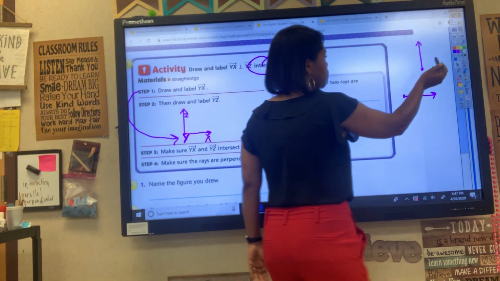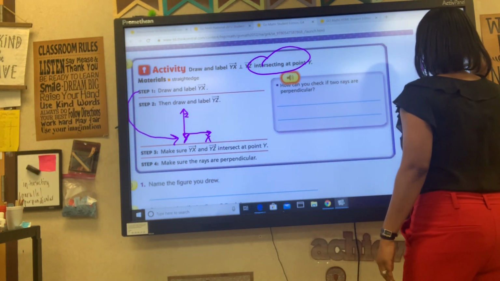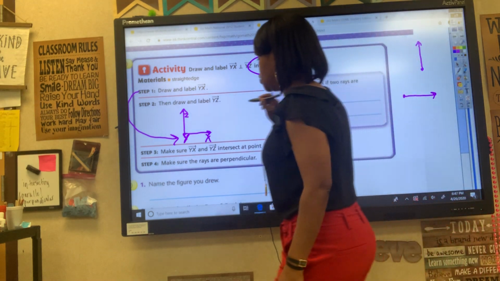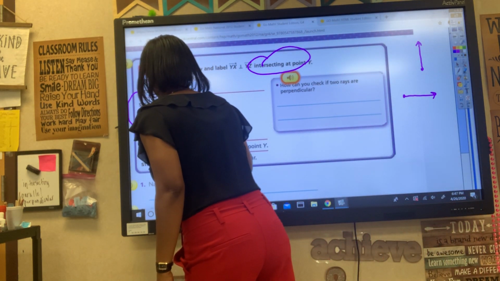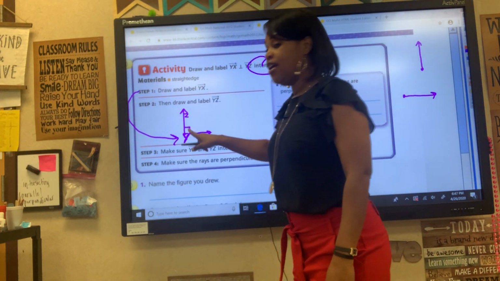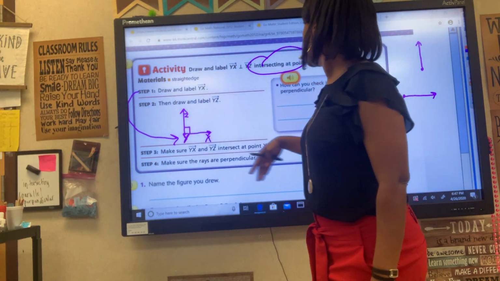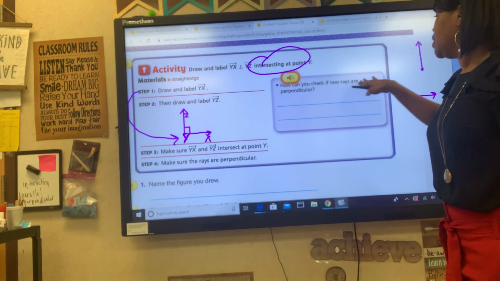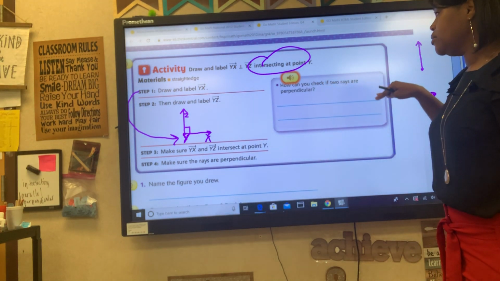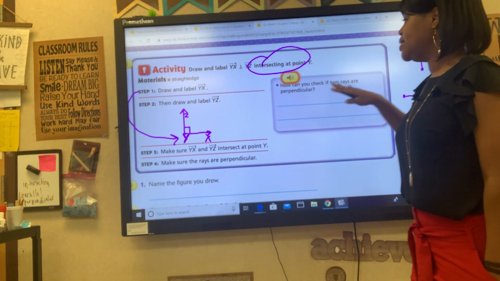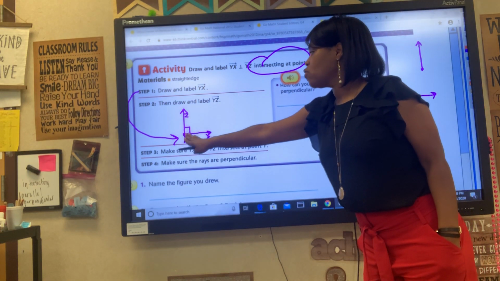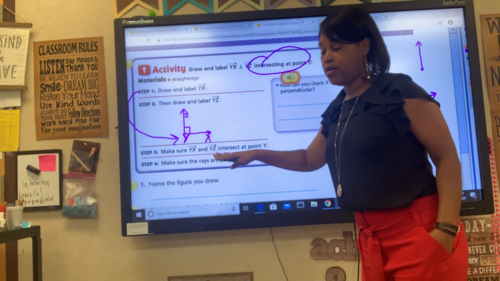So one way we can see if it's forming a right angle is to try to draw a square right here. And there is a square. If I can draw a square right here, then I know this is a right angle. How can you check if 2 rays are perpendicular? We can see if the rays form a square.